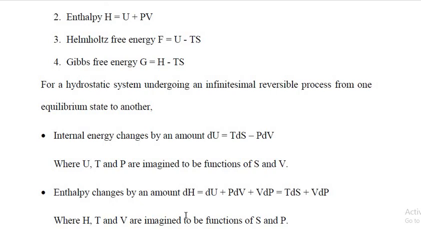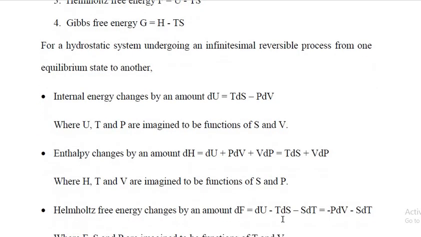So for infinitesimal change, dH is equal to dU plus PdV plus VdP. But dU plus PdV is nothing but dQ and dQ is nothing but TdS. So TdS plus VdP, where H, T and V are imagined to be functions of S and P.